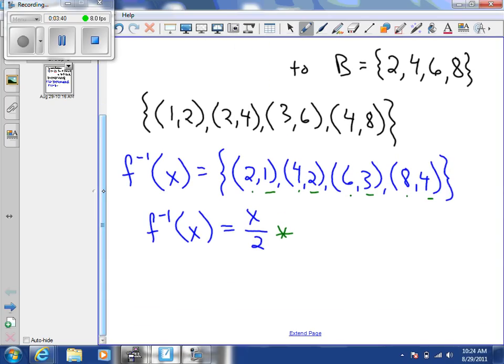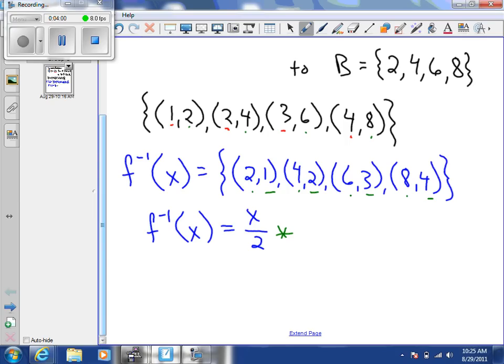Now, one thing to observe is that in the original function, the domain, which is the x values, was 1, 2, 3, and 4, and our range was 2, 4, 6, and 8.